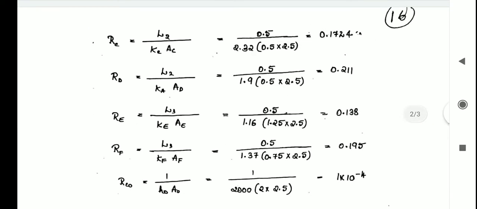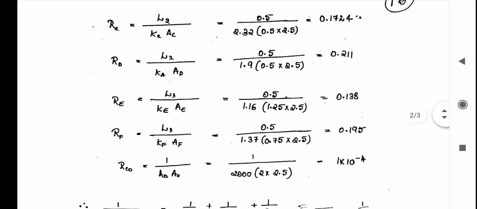Next, RD is equal to LD divided by KD into AD. So 0.5 divided by 1.9 into 0.5 into 2.5, you will get 0.211. For RE, LE divided by KE into AE: L is 0.5 divided by 1.16 into 1.25 into 2.5, you will get 0.138.